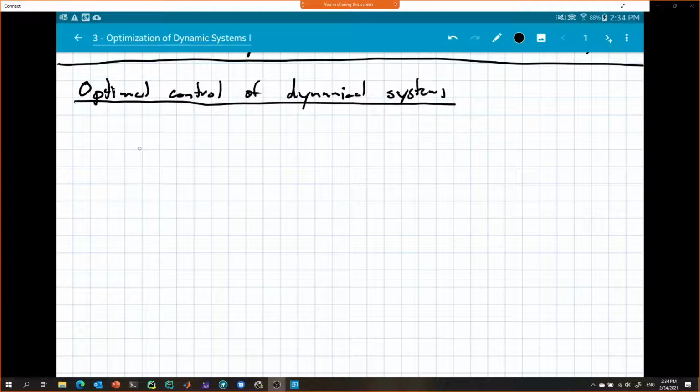Okay, so it's similar to what we had before. We minimize J, and since we keep on adding more features, I'm going to add a terminal cost as well, which is dependent on final time and final x, the final state vector.